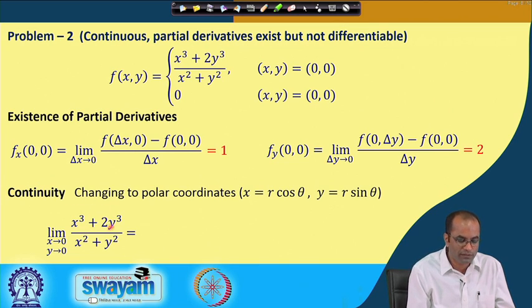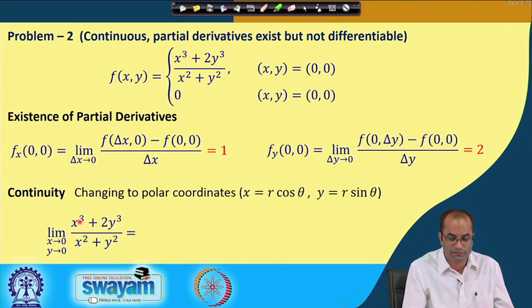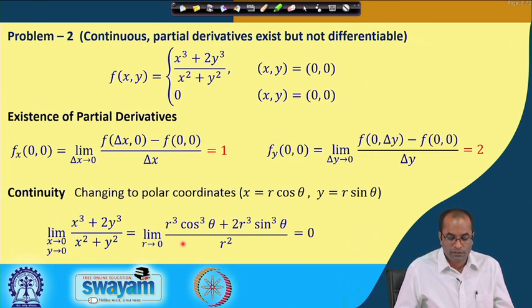So we will get one r in the numerator together with some bounded function of cos cubed θ plus 2 sin cubed θ. So when r goes to 0, this limit will be 0. The limit is equal to 0 and the function value is 0. Hence this function is continuous, the partial derivatives exist and the function is continuous.